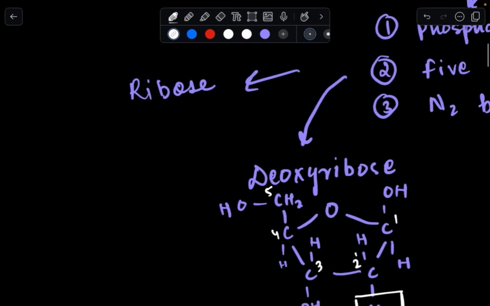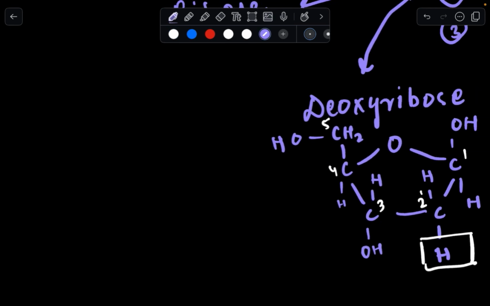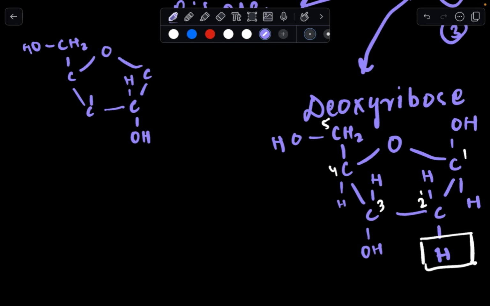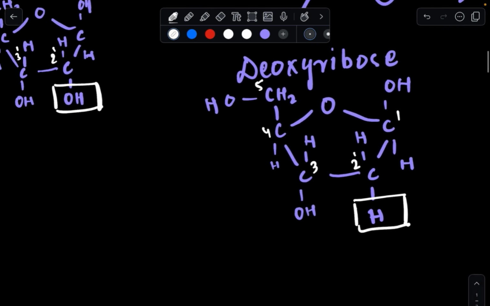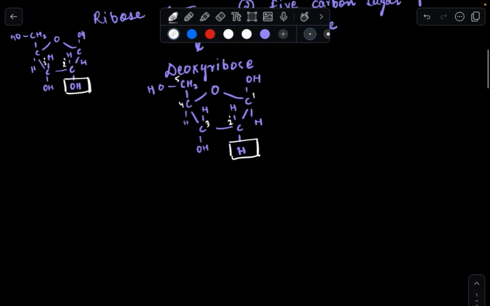But on ribose, let's look at the diagram. We have carbon here, CH2 here, oxygen OH, C, H, OH, H, and OH. Likewise, OH and H. So here in ribose we have oxygen on the second carbon. That's why it is known as deoxyribose, because it lacks oxygen on the second carbon.